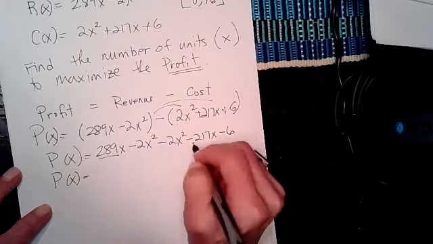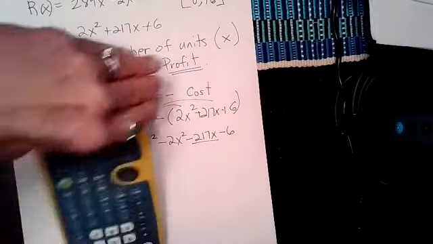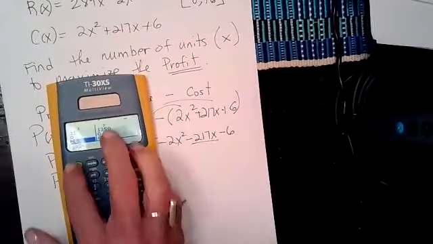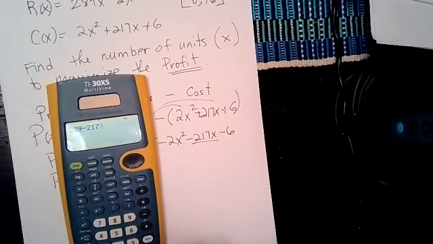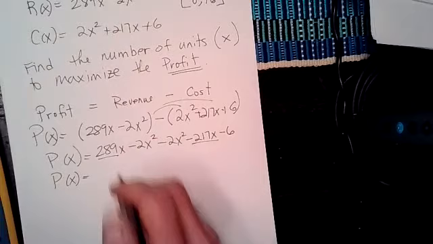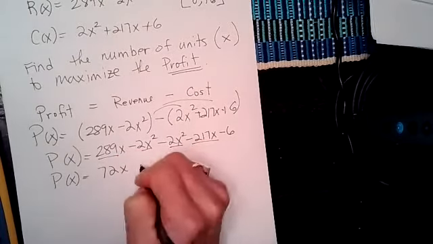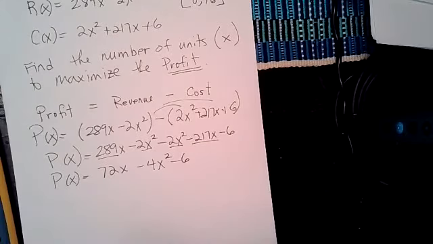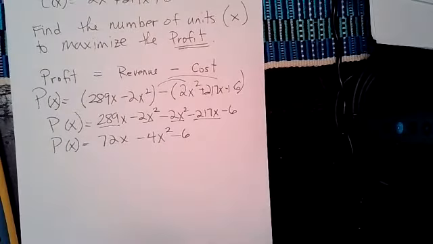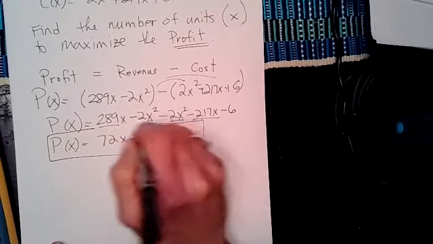So 289x minus 217x is 72x, minus 2x squared and minus 2x squared. Okay, so there's my profit function. And if I'm maximizing the profit, I'm not worried about anything but this right here. This is my profit function.